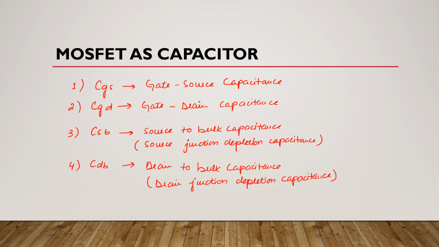Okay, so these are the four types of capacitances that are present in MOSFETs.